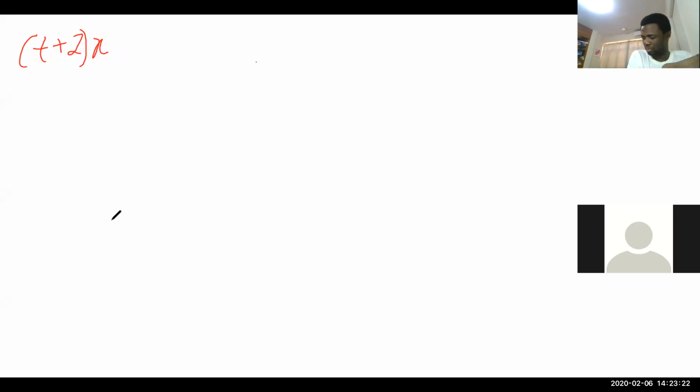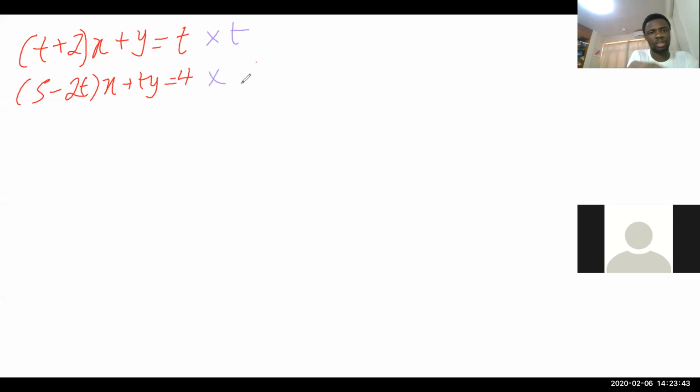x plus y equals t. And the second equation, (5 minus 2t)x plus ty equals 4. So Lillian is proposing we do exactly what we did yesterday: multiply by t and multiply by nothing, so I just put 1.